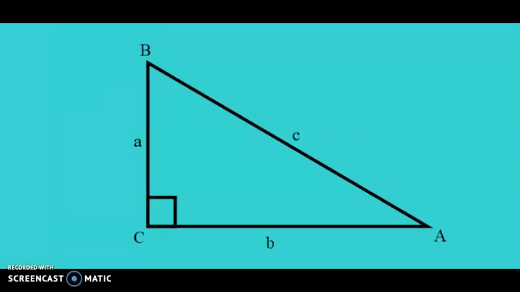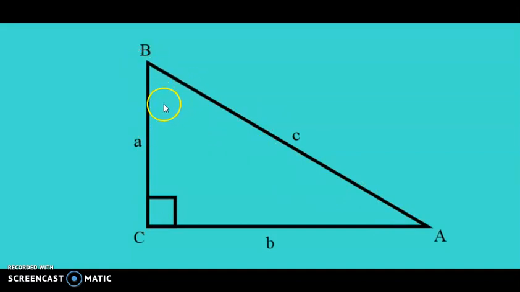Also in trigonometry, when we work with angles, we speak of the side opposite the angle as the small letter opposite the concerned angle. Opposite angle A, the side's name would be small a.